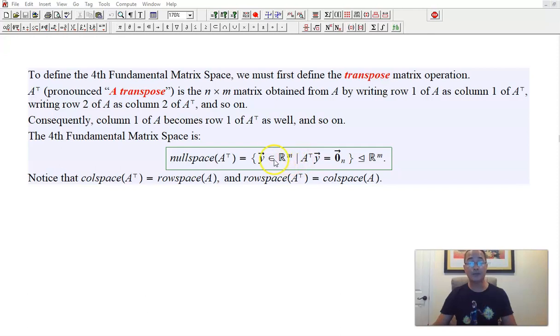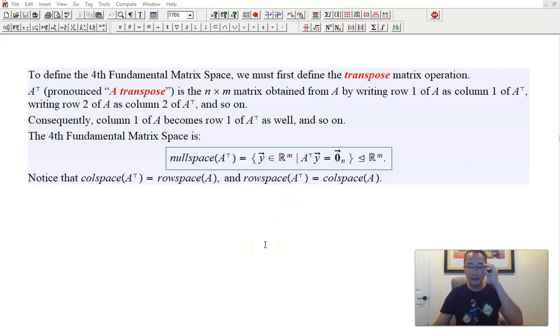And because y is from Rm, this is a subspace of Rm. So again, to define this matrix product, y must have the same number of entries as the number of columns of A transpose. And A transpose has m columns this time.